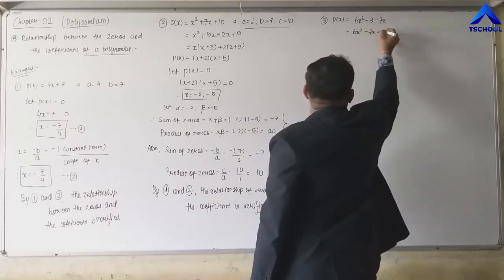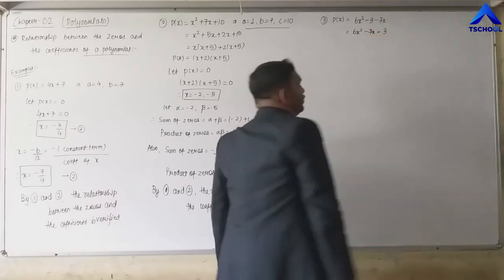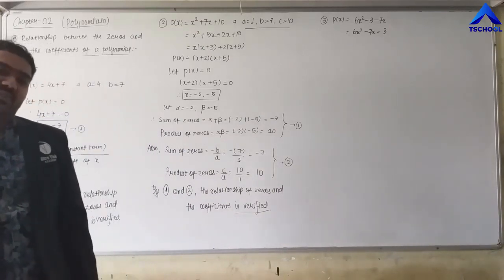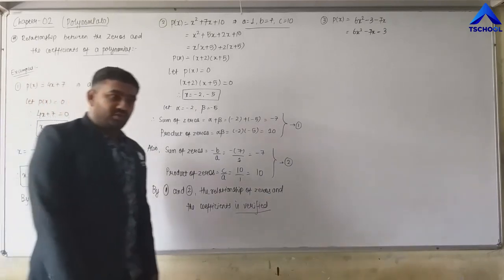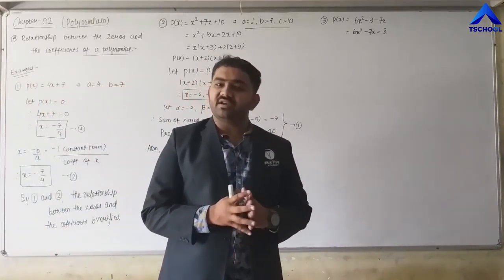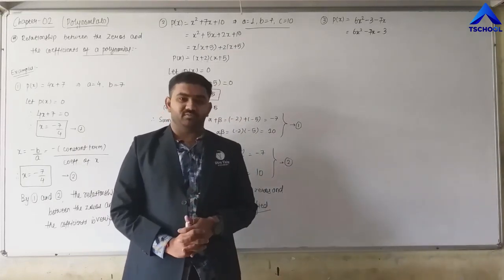Note that whenever you write down a polynomial, the terms of the polynomial must have the powers of the variable in descending order. Is it clear? The terms of the polynomial must have the powers of the variable in descending order. That is the best way to write down any polynomial.